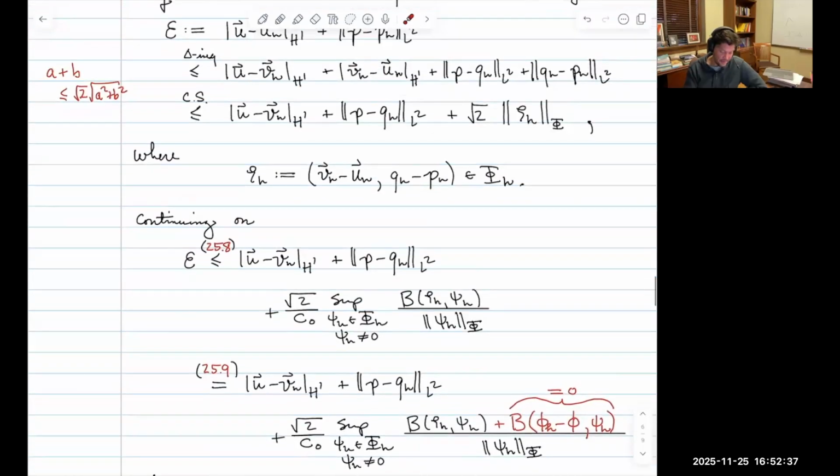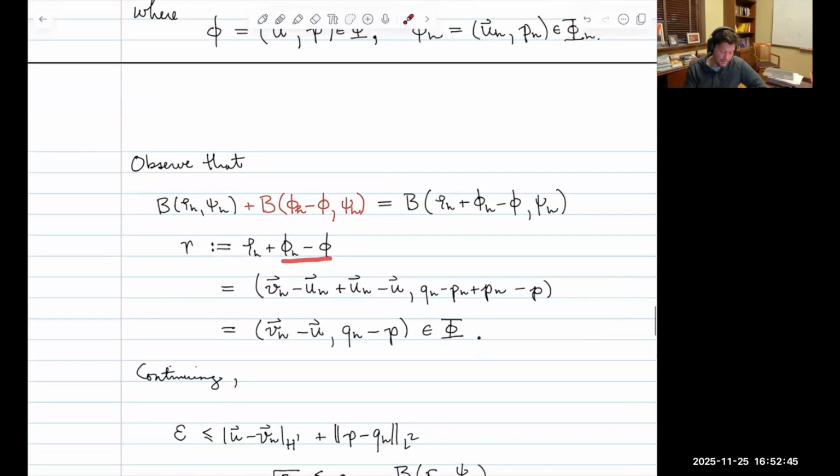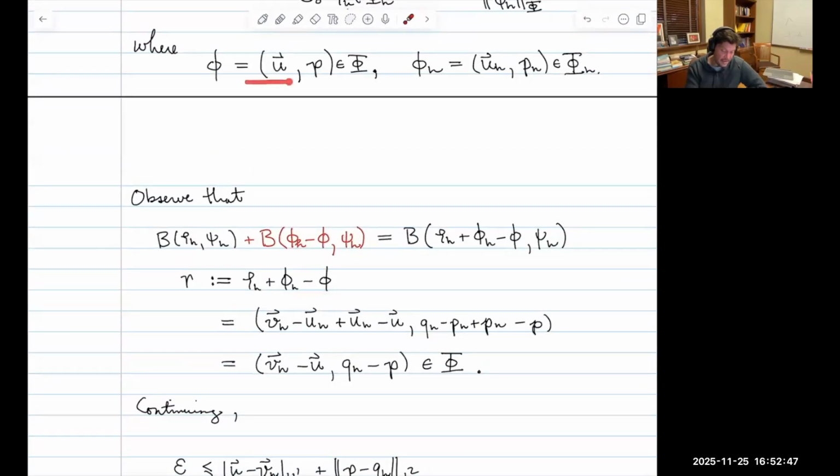It was here. And then phi and phi h, according to my definition above, phi is just going to be the solution to Stokes' problem, and phi h is the solution to the Galerkin approximation of the Stokes problem. When I combine those together, these two are added and this one subtracted. I get this and that, right?